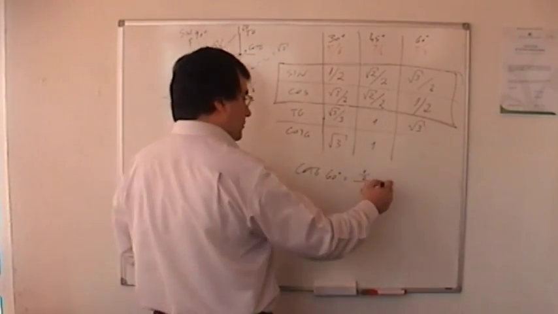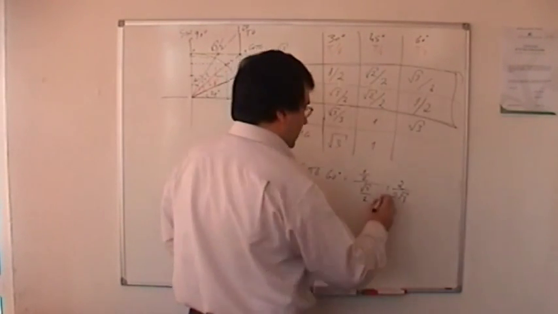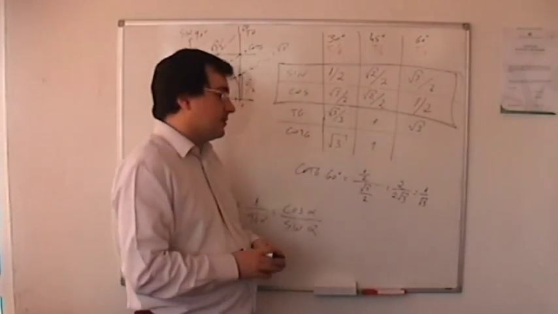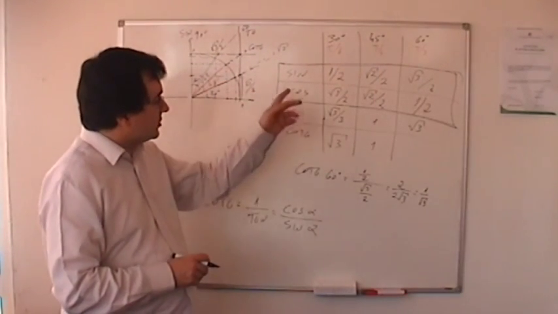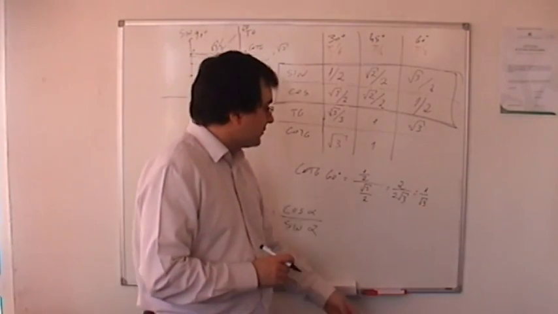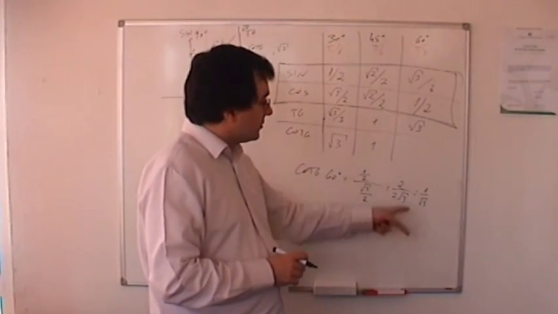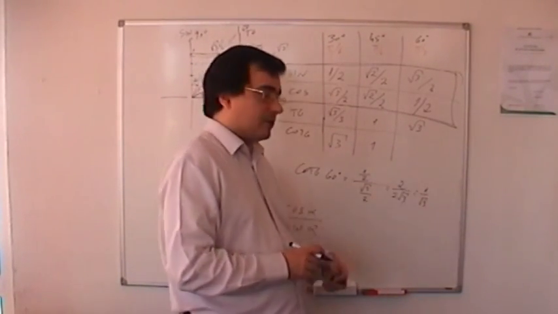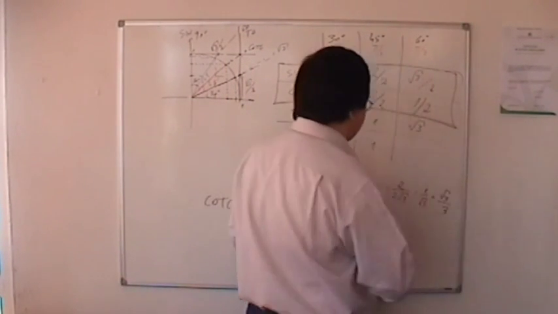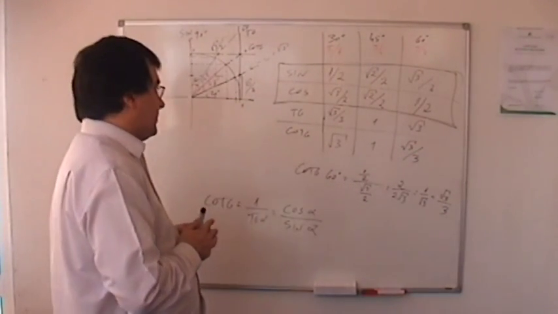This will give you 2 over 2 times square root of 3, which is 1 over square root of 3, and using the same calculations we used here for the tangent of 30 degrees, multiplying both parts of the fraction by square root of 3, we will have square root of 3 over 3. Easy enough.